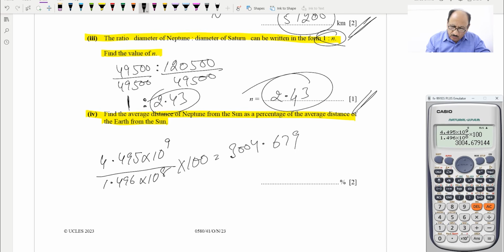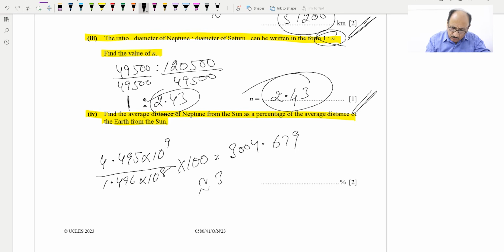So we can round this to 3005. So 3005 will be our final answer. This is the percentage.